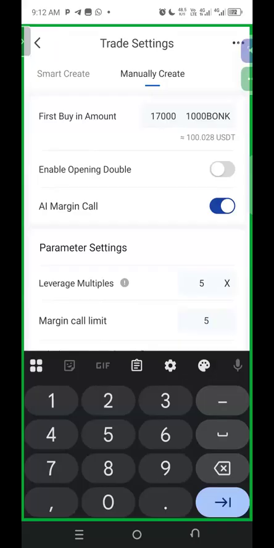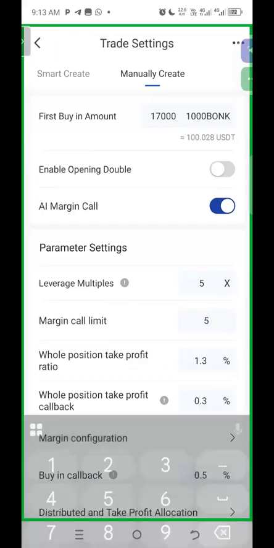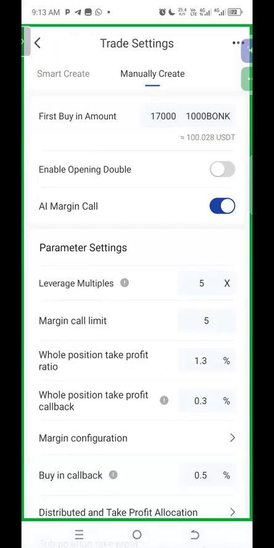If it is a sports market, of which we talk about it, that is fine. But on the futures market, don't worry yourself opening too many margin calls. Now, I have 5 margin calls here.